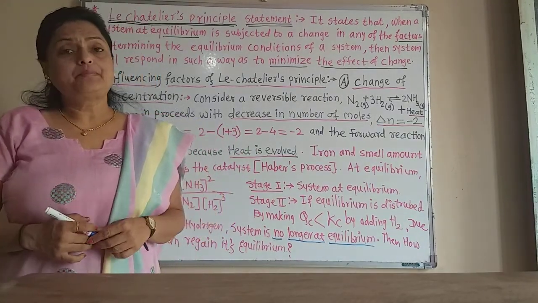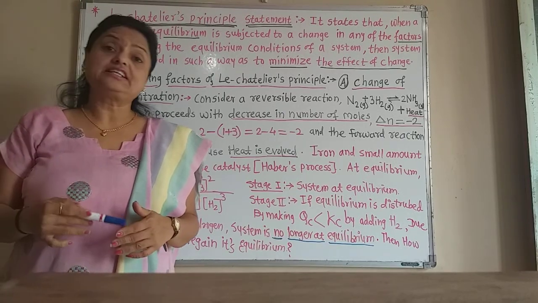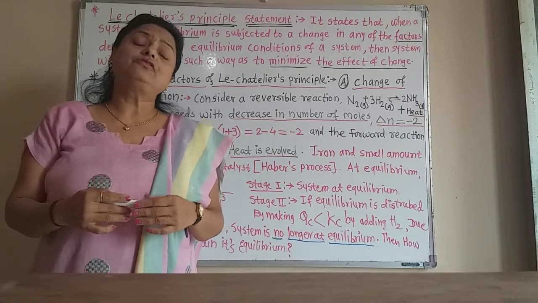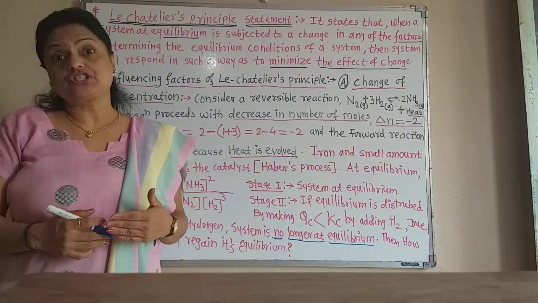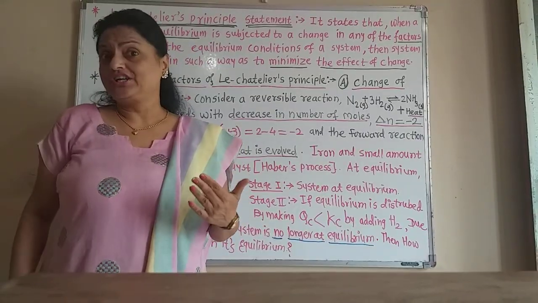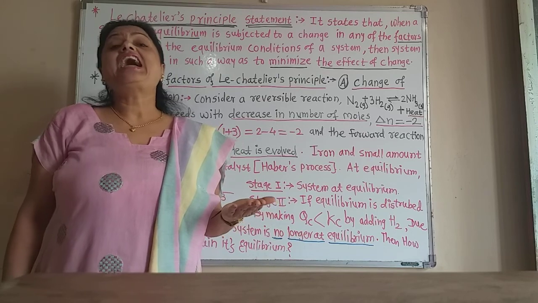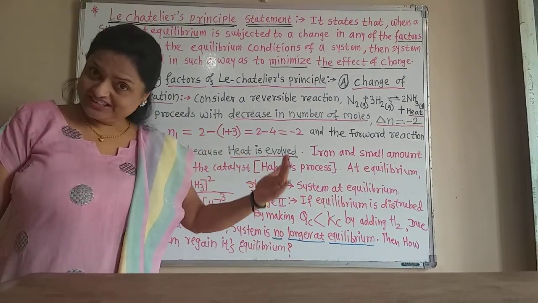Now let's first learn the statement of Le Chatelier's principle, and then we'll see how the different factors influence the stage of equilibrium, how the reaction responds to that change, and how it again regains the equilibrium stage.